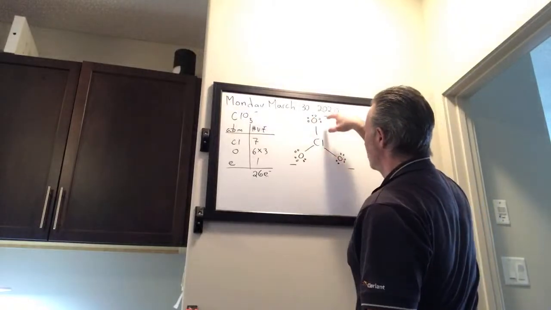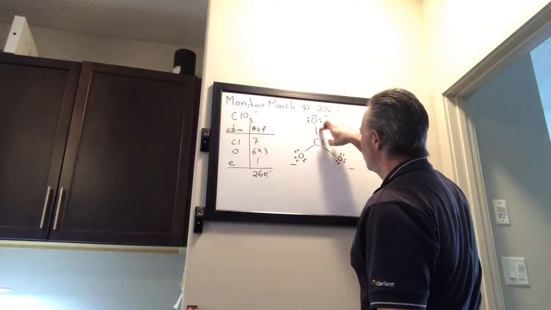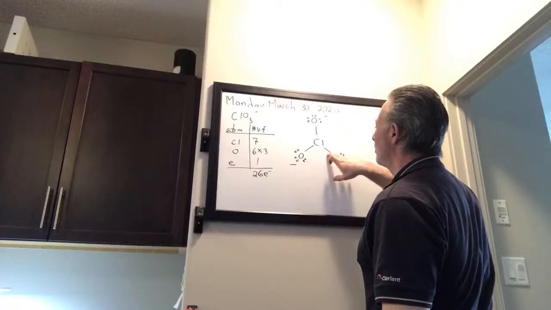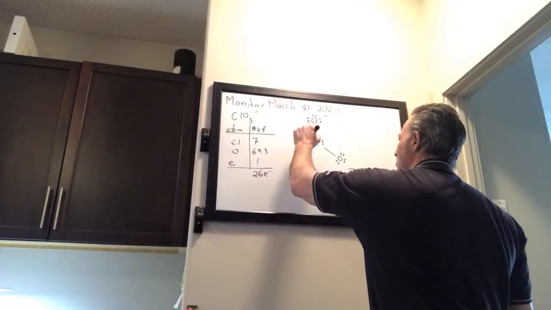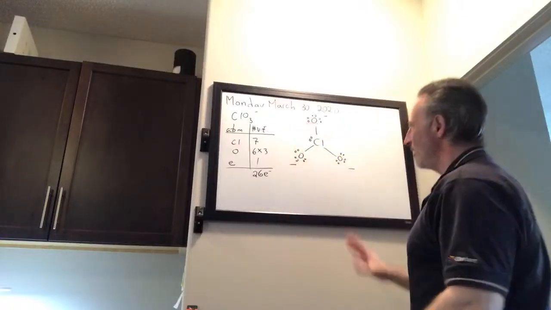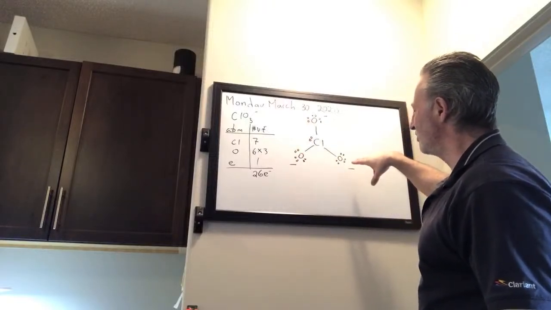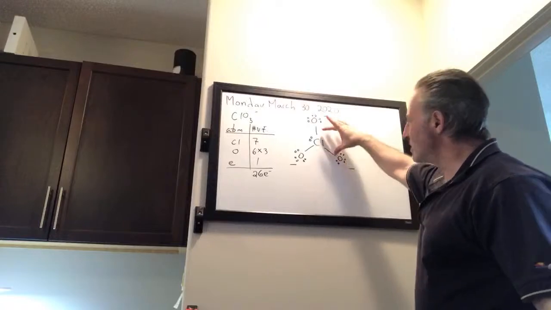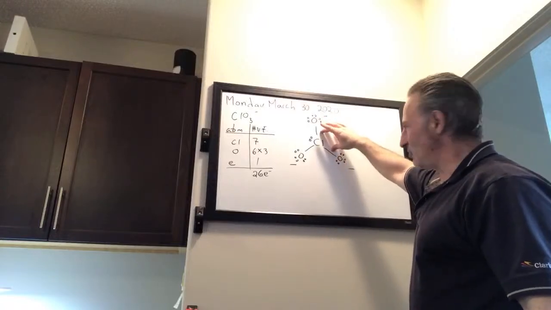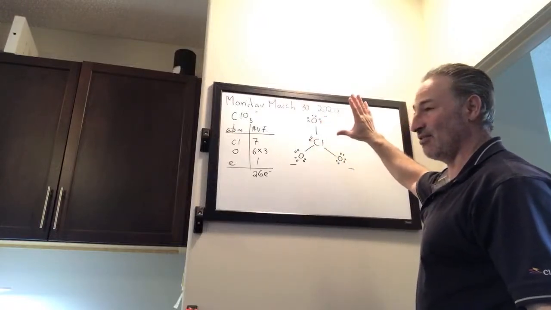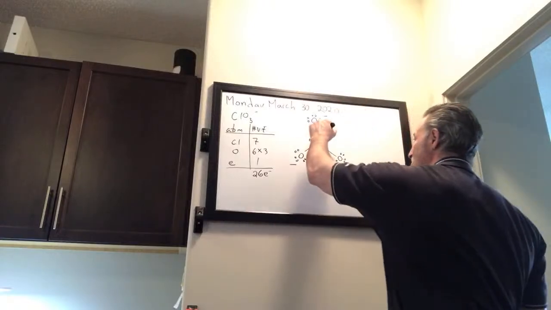Let's do the accounting. 3 times 6 is 18, 20, 22, 24. You've got 2 more electrons, so you put them on the central atom. All right, so the way I've drawn it, each oxygen has a formal charge of -1. Chlorine wants to have possession of 7 electrons, but in this configuration it's only got 5, so that means it's going to have a +2 charge.